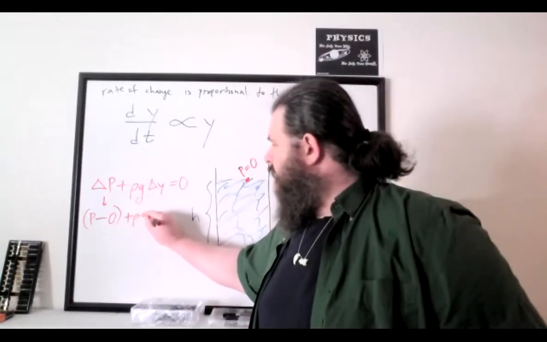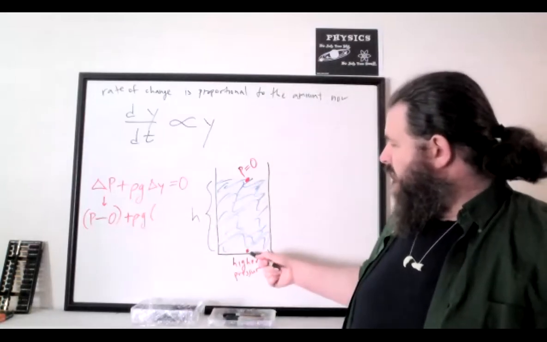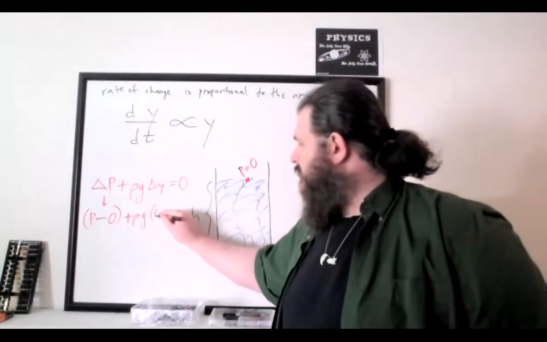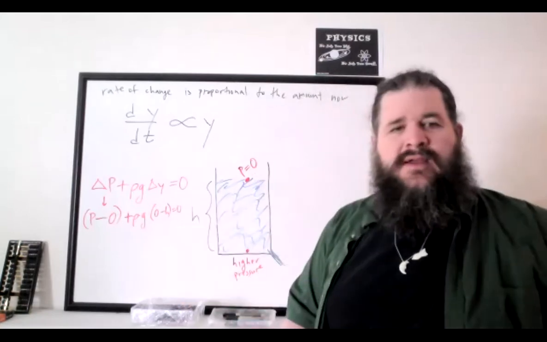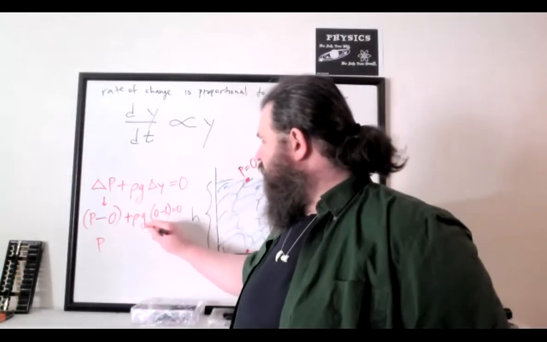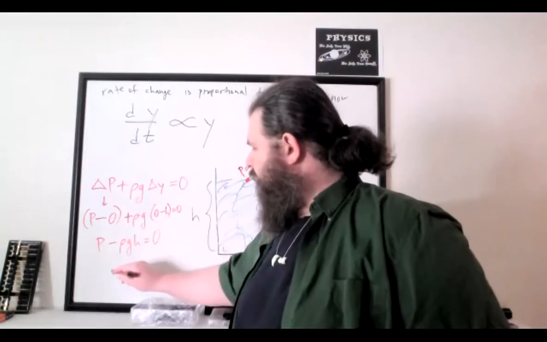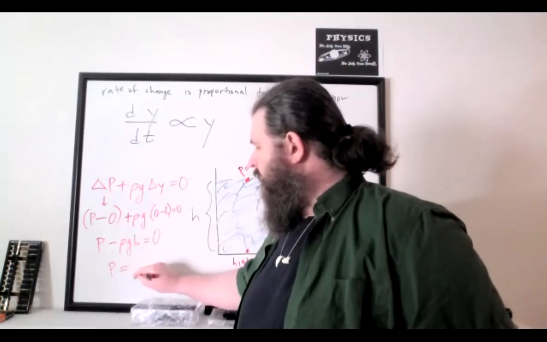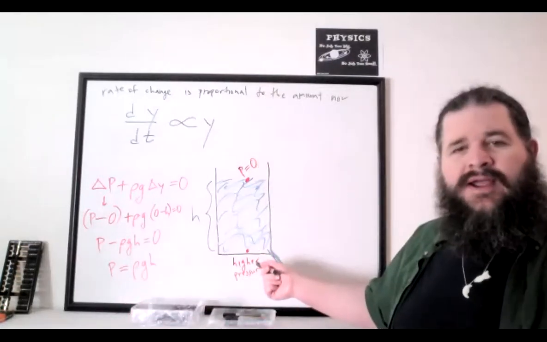Plus density times gravity times height here minus height here. That's height 0 minus height h. So simplifying things by getting rid of the zeros, we get pressure at the bottom plus rho times g times negative h equals 0. So that means pressure at the bottom is just going to be rho g h. So that's our pressure at this point here.